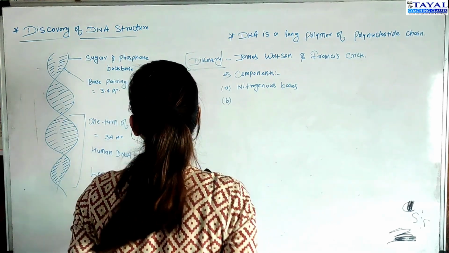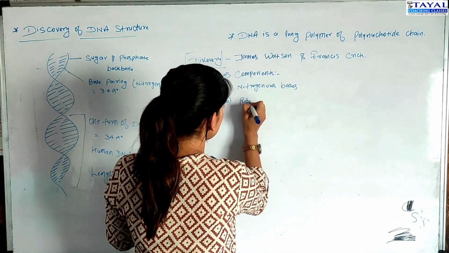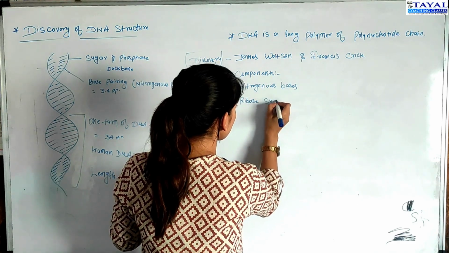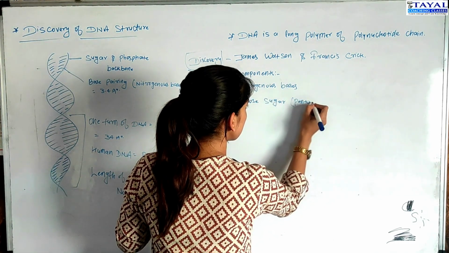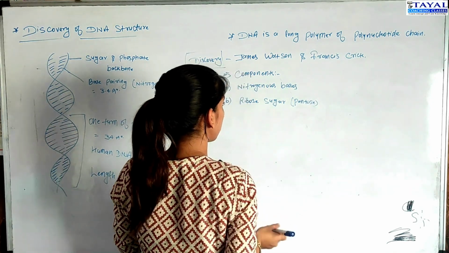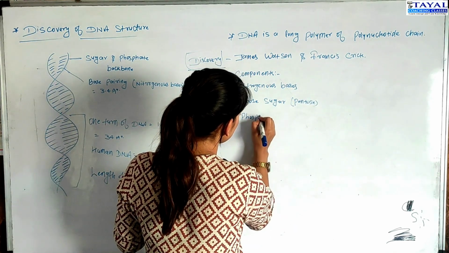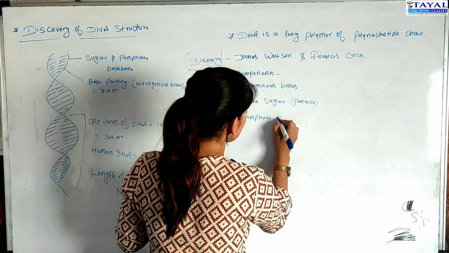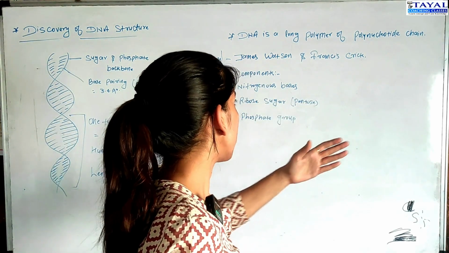Then we have a ribose sugar, which is a 5-carbon ring structure. That's why it is also called pentose sugar. Then we have the phosphate group. So these three are the main components forming the polynucleotide chain.